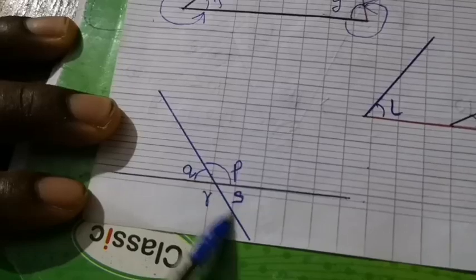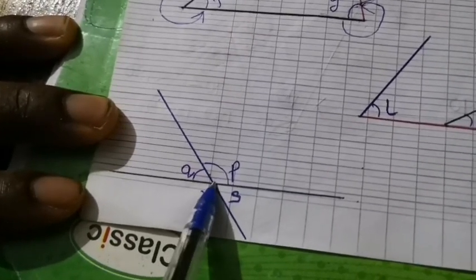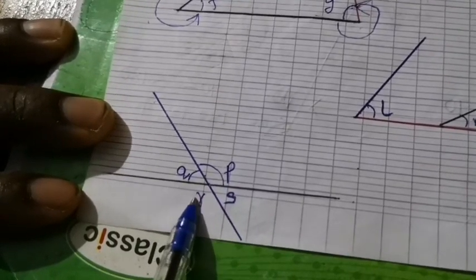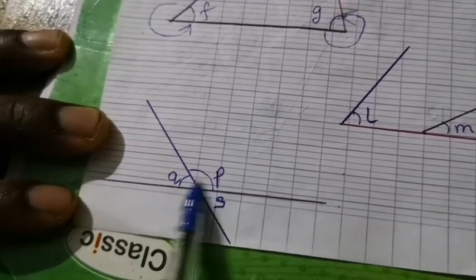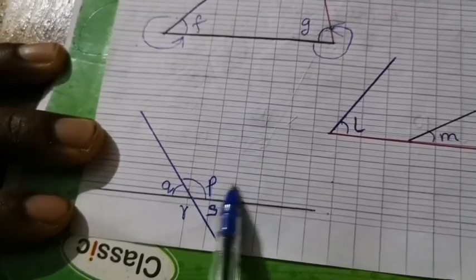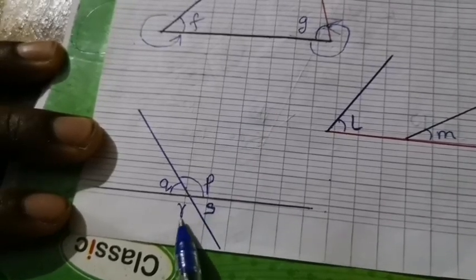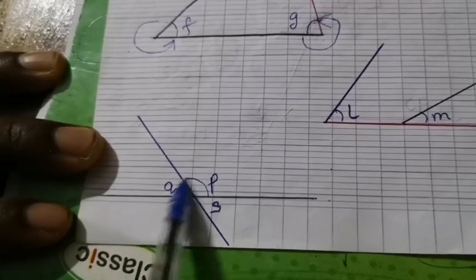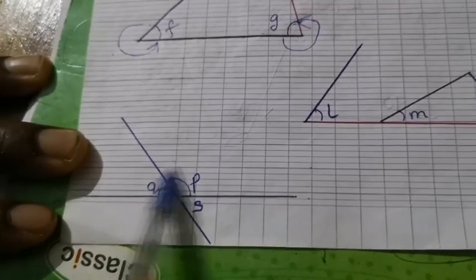On getting to this point, before it crosses, it forms angle Q and P. Now when it crosses, it forms angle R and angle S. So angle Q and angle P are angles on a straight line and sum up to 180 degrees. Also angle R and angle S sum up to 180 degrees. But when we consider all of them, because this line crosses this one, we call it angle at a point.